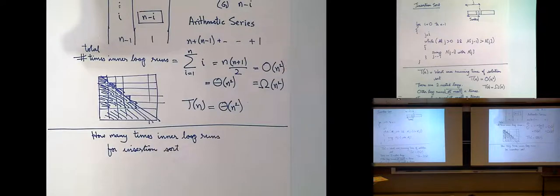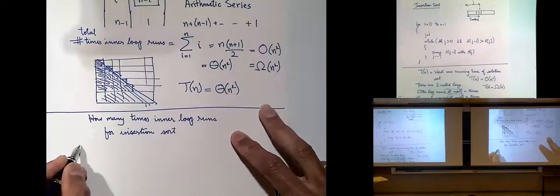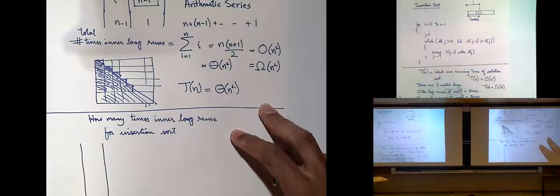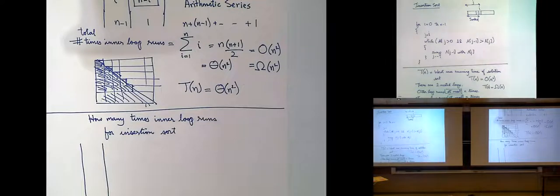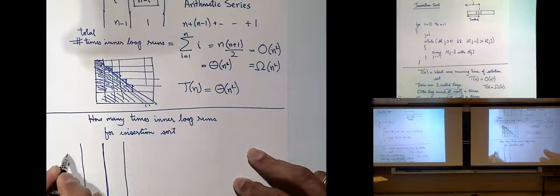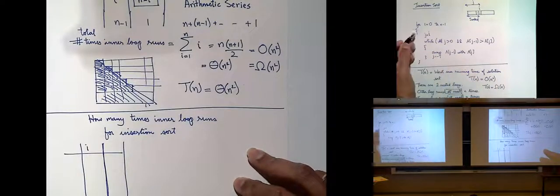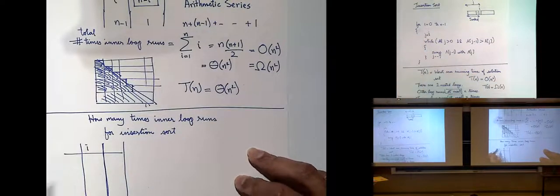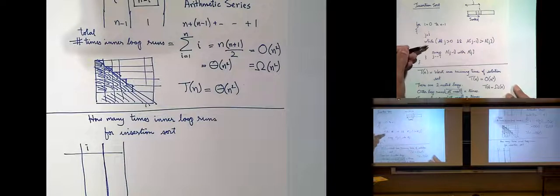Sorry, everyone following what's going on? Okay. How many times does this loop run? So here's the code, and this is i, where i is that outer variable. Again, here also you have two nested loops. I'm not going to write this out, but again, you can say it's O of n squared, because the outer loop runs for n, the inner loop runs at most n. And the same logic works.